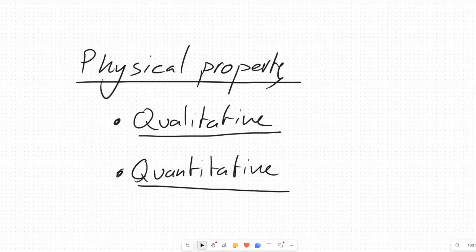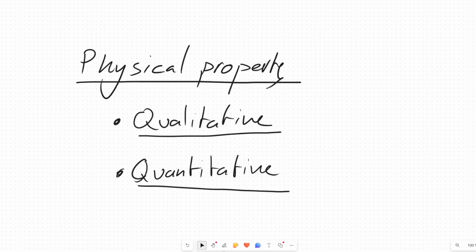Why? Because a quantitative property can be quantified, which means that it can be assigned or measured with a number. And this is the case of properties like length, like temperature, like mass, which can be measured by numbers, numerically.